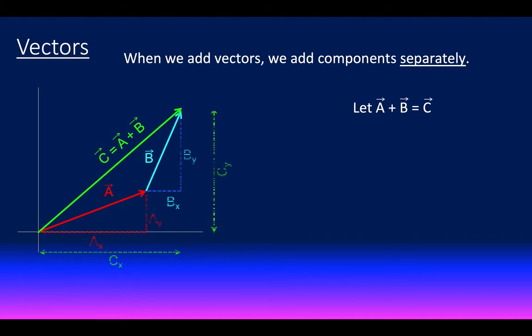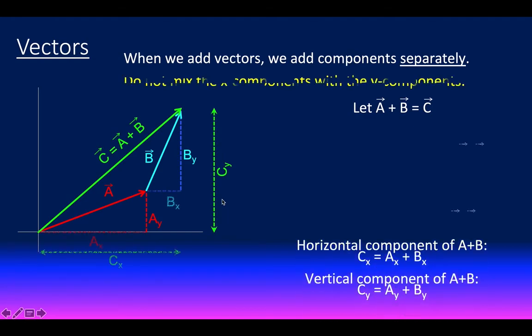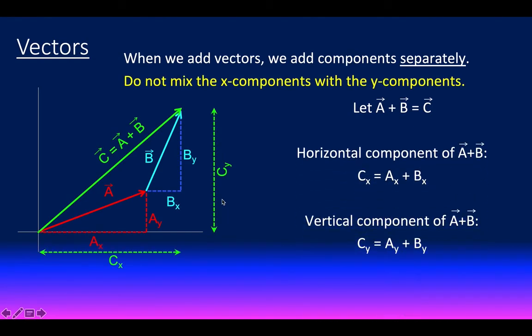Very similarly, I could look at exclusively the vertical components of these vectors. And I notice the vertical component of A plus the vertical component of B gives me the entire vertical component of A plus B. So AY plus BY is equal to CY. When we add the component vectors together, we do not mix X components with Y components.